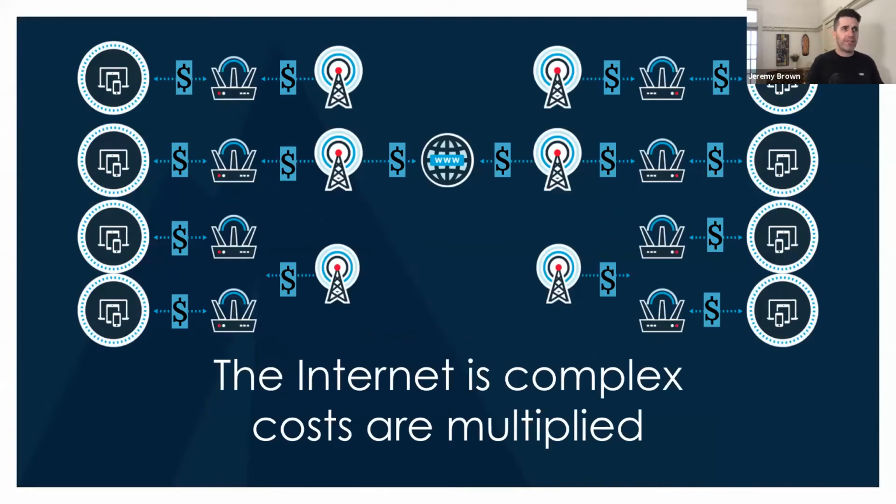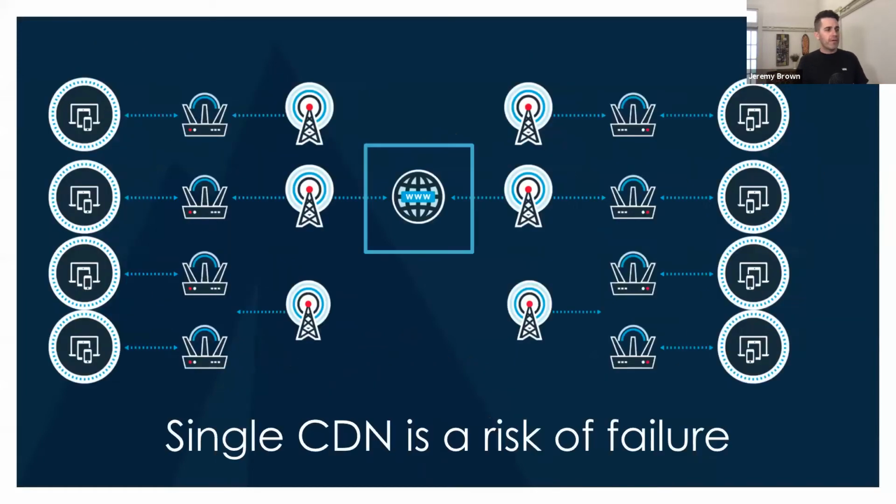But the internet is complex, and these costs become multiplied as you deliver from that origin to multiple telcos, ISPs and such. And a single CDN is a single risk of failure. You don't want to have these single points of failure. If there's a problem with the origin or the CDN in that location, you need to be able to change over, especially on a major event.